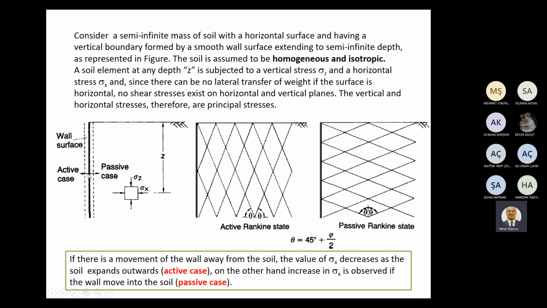Let us discuss the reverse. When this wall moves into the soil, to the right, soil here will be compressed in x direction. So, sigma x will be increased. And this case is called passive case in Rankine theory.